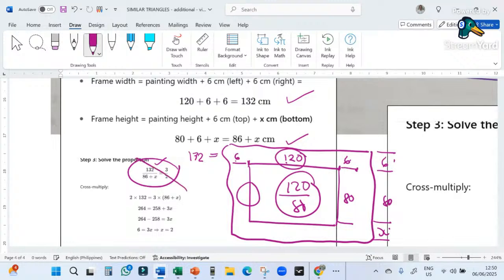2 times 132 is equal to 3 times 86 plus 3 times x. So you have 264 for 132 times 2. You distribute 3 times 86 is 258. 3 times x is 3x.